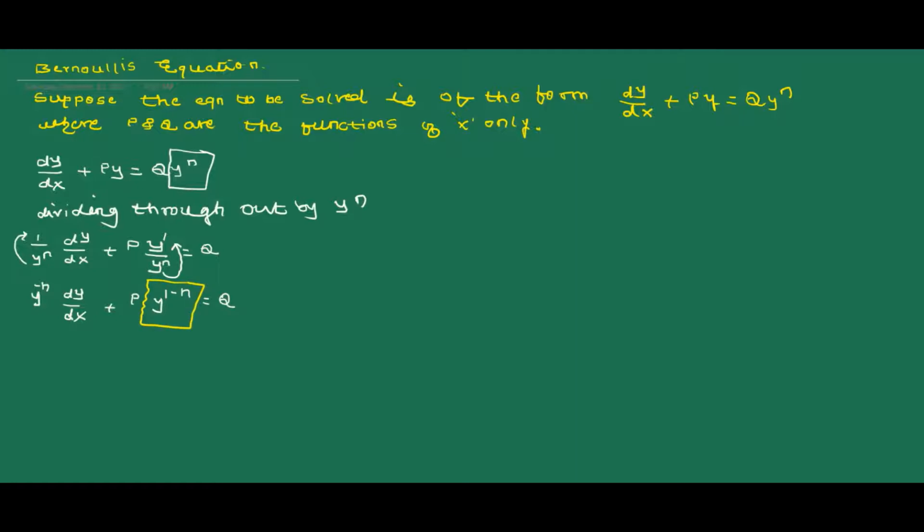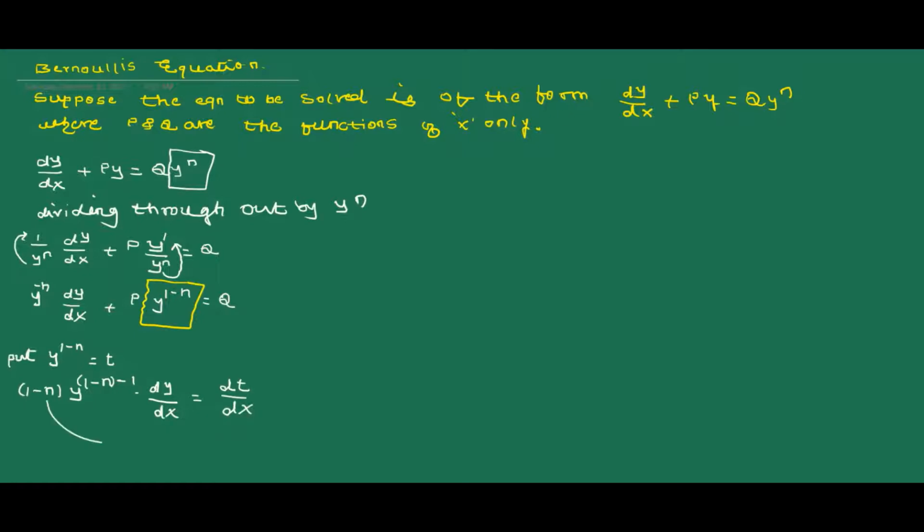Now we have to substitute this y raised to 1 minus n is equal to t. Put y raised to 1 minus n is equal to t. Differentiate. What we will get? Differentiation of y raised to 1 minus n is equal to 1 minus n into y raised to 1 minus n minus 1 into dy divided by dx is equal to differentiation of t with respect to x is dt divided by dx.